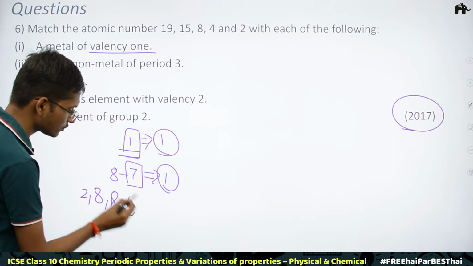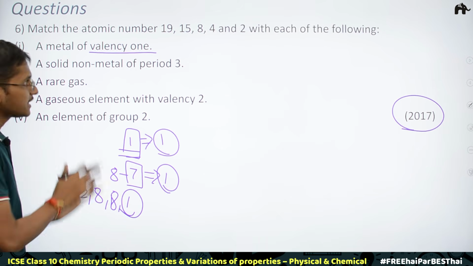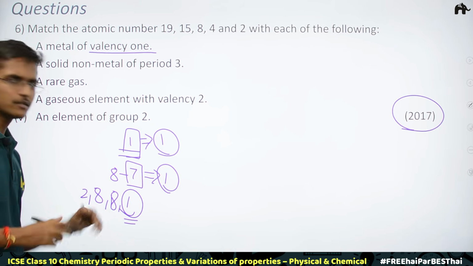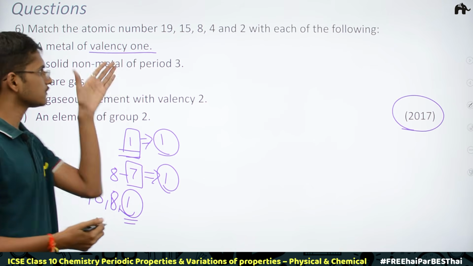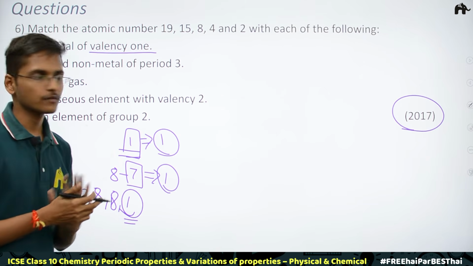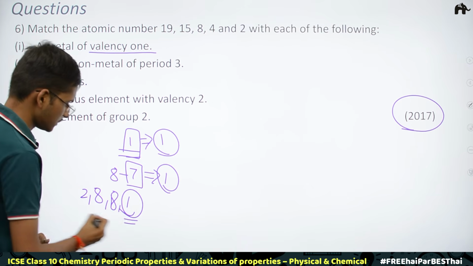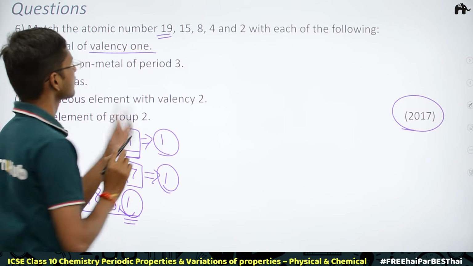Oh yes, we found an element having 1 valence electron. Now it's very clear, 5 atomic numbers, 5 questions, so one right answer would be there for each question. So yes, we have found 1 valence electron in case of atomic number 19, so it is satisfying our first condition.